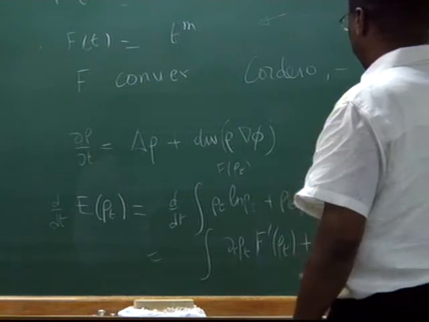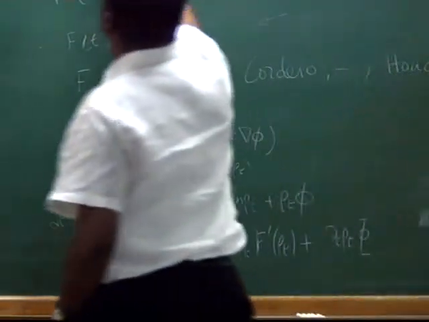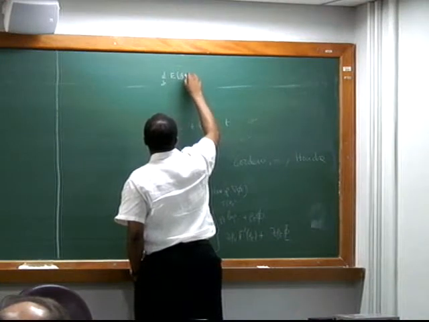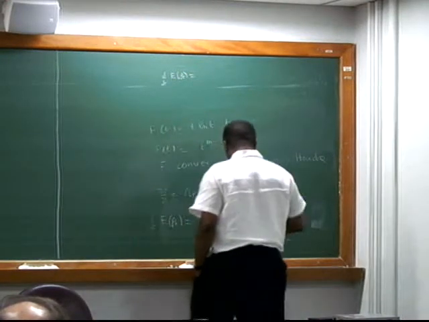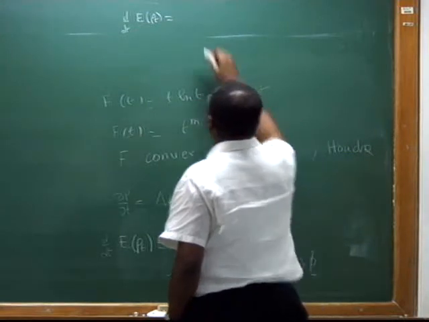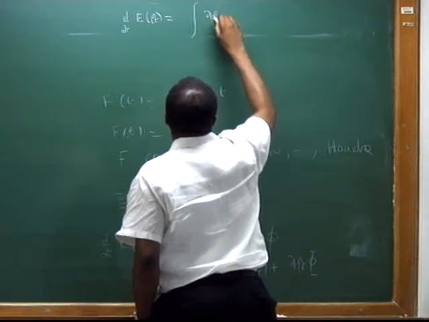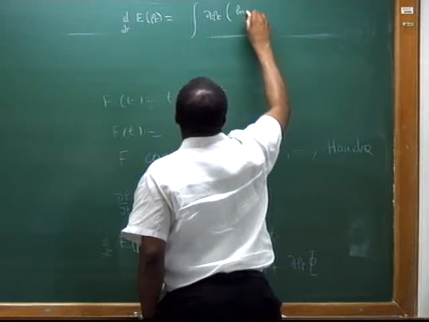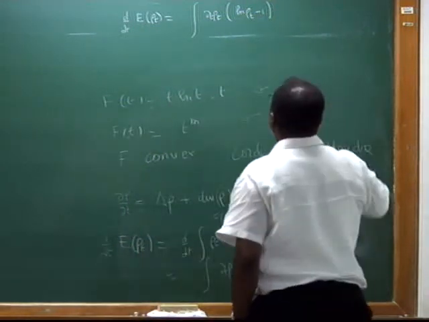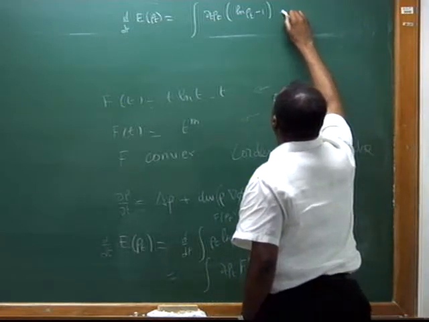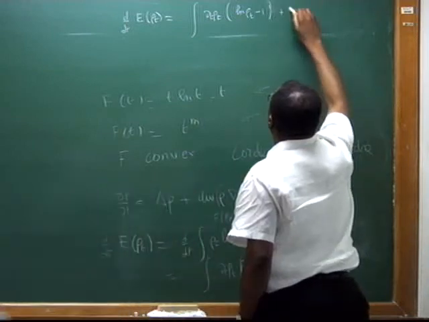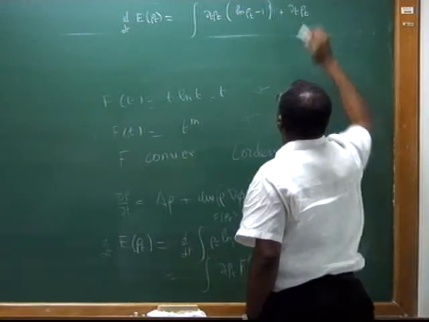And you replace, so d over dt of E of rho t will be the integral. This derivative is log of rho t minus 1, plus dt of rho t phi.